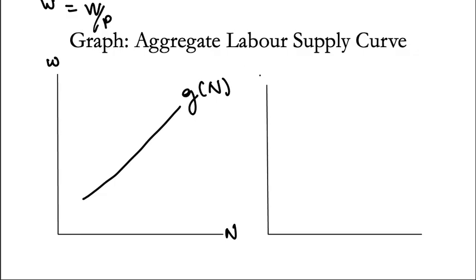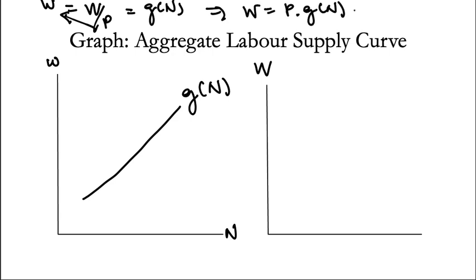So if I want here to be nominal wage, then it means cross multiply, isn't it? So remember, this one equals to GN, then it becomes nominal wage equals to price times G capital N. You get what I mean? So here you can have price times G capital N.